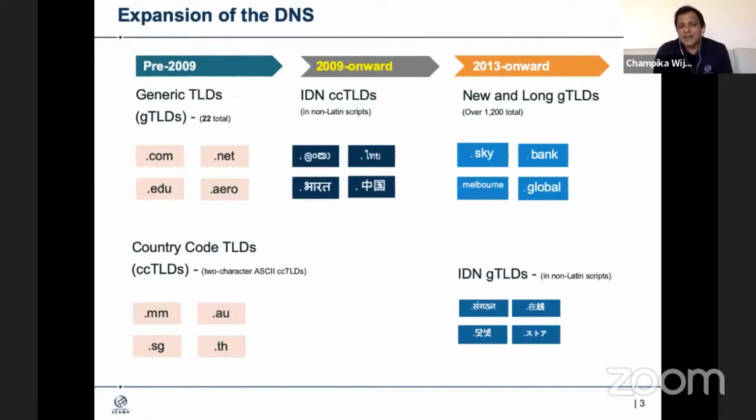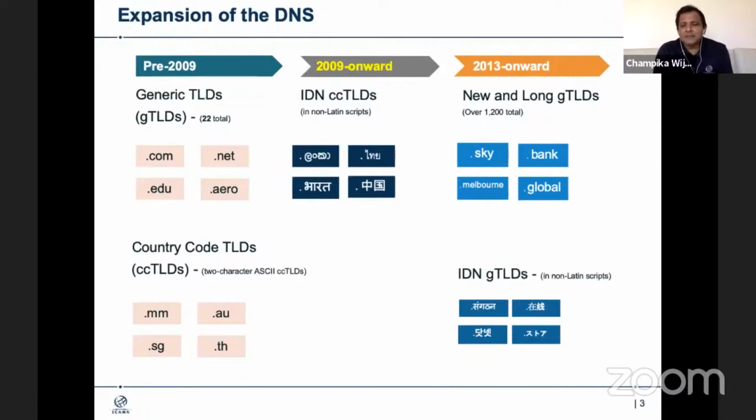And during this time, as the internet was expanding to different countries, the countries were given 2-letter country codes. For example, Myanmar was delegated .mm. These are called country code top level domains. In Australia, we have .au, or Singapore .sg, and so on. Currently there are close to 300 of these country code top level domains in the DNS.